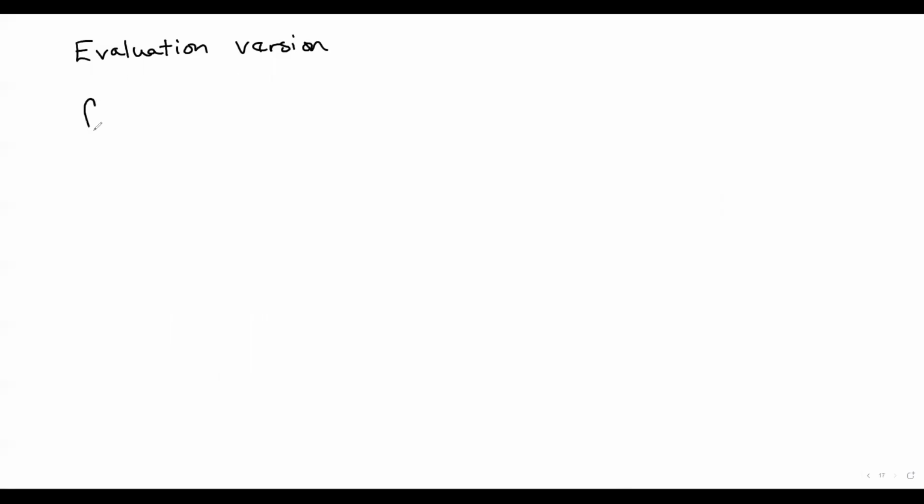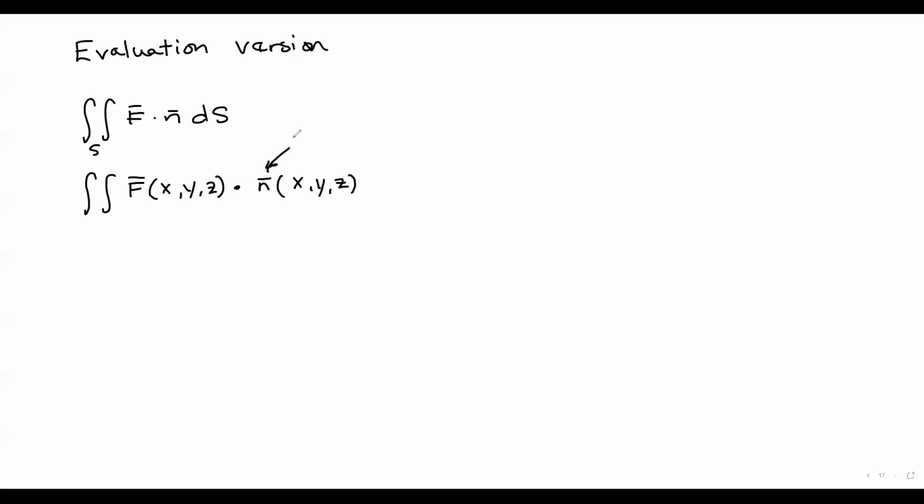All right, so we're going to start with f dot n dS, and I'm going to write it out. This is f of x, y, z dotted with n of x, y, z, where n is a unit vector, dotted with dS.